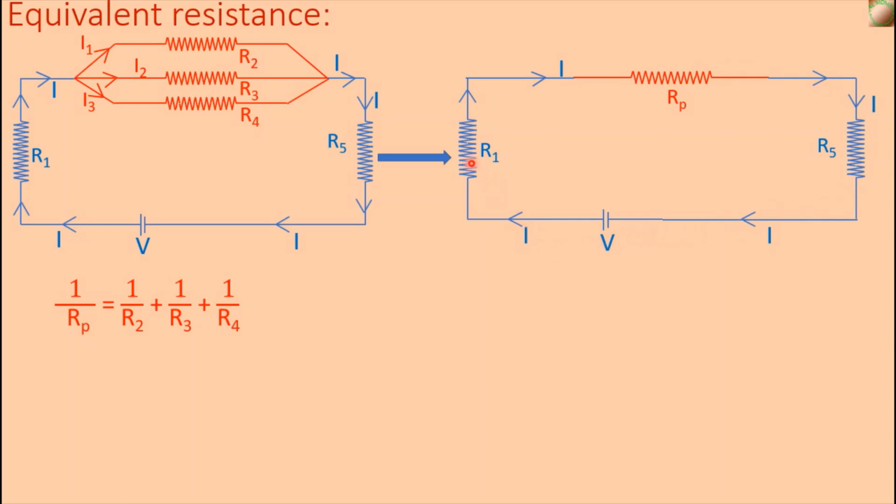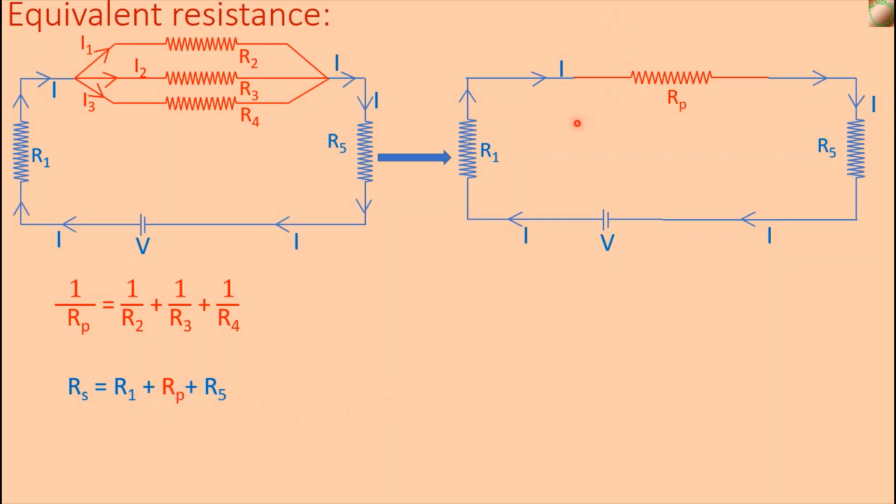Therefore we can say R1, Rp and R5, these three resistances are connected in series because the same current I is flowing through all the resistances, and their equivalent resistance will be Rs is equal to R1 plus Rp plus R5.